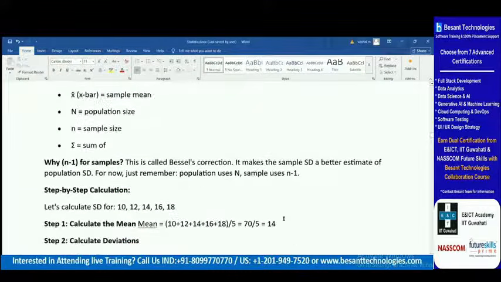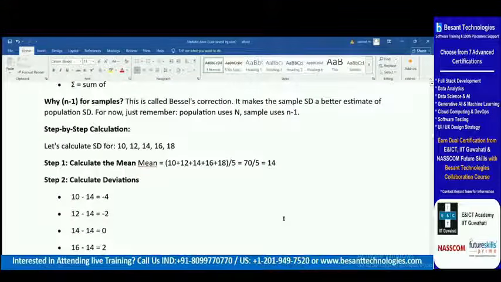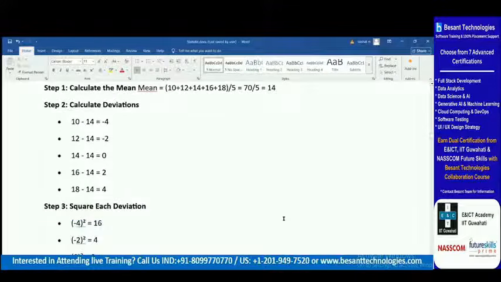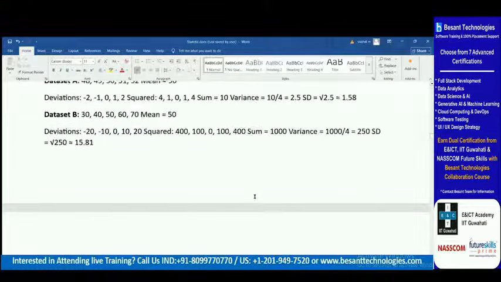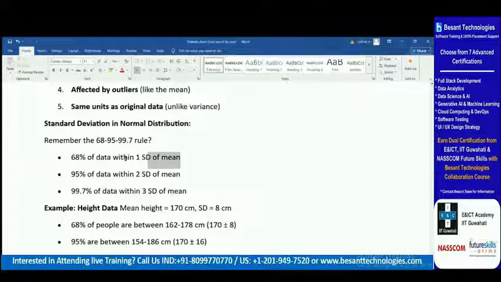Within one standard deviation means your values are one standard deviation away from your mean. Hope you understood what I'm saying. On both sides, for this range of values, we have about 68% of the data set, that is, the data lies within one standard deviation of the mean.